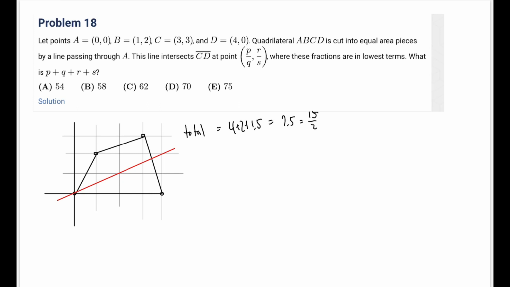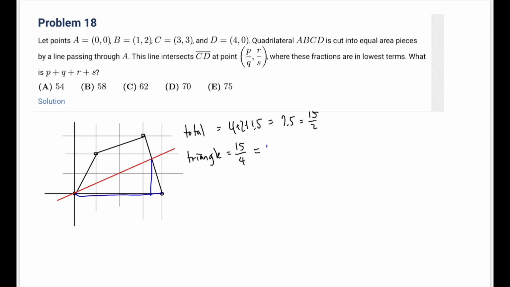And then this area, so the triangle, the area would be 15 over 4, right? 15 over 4, and then this would be this line times this line, right?